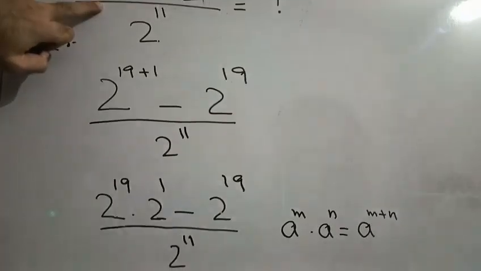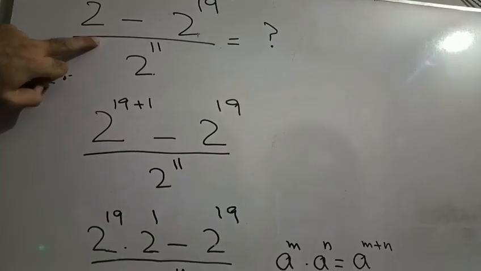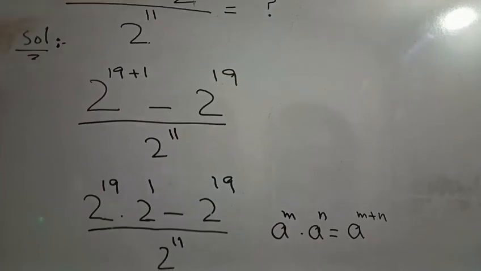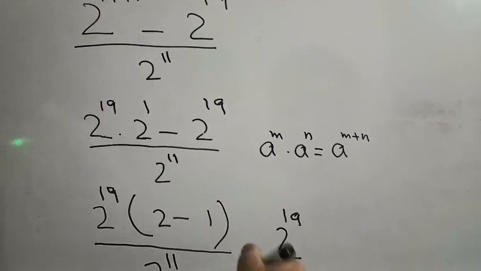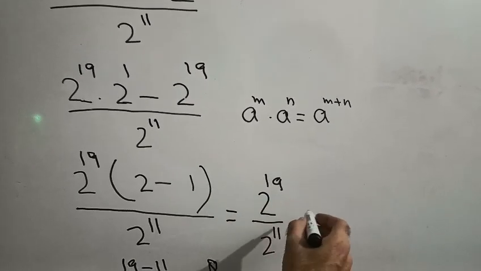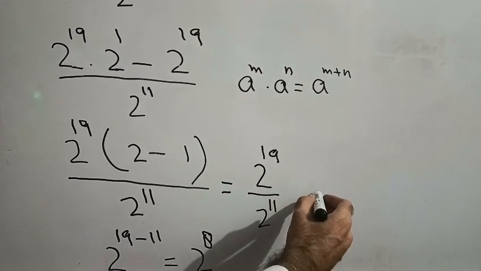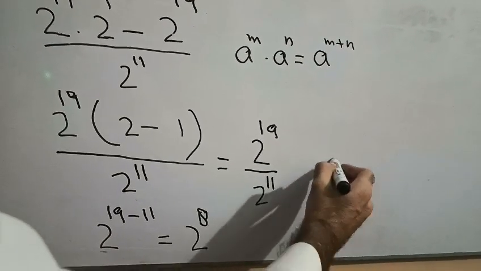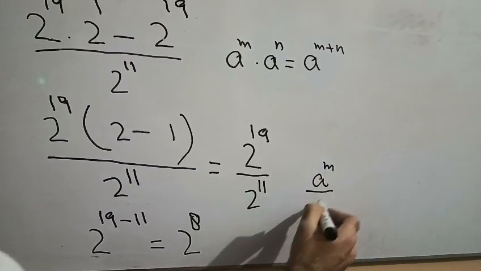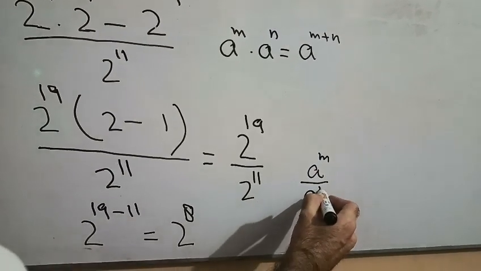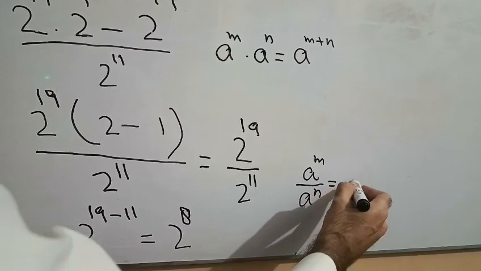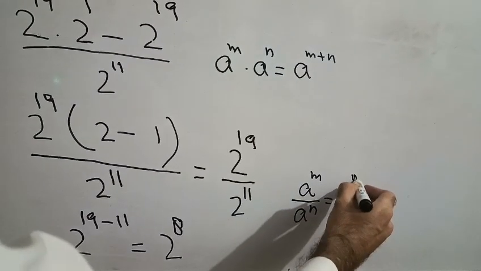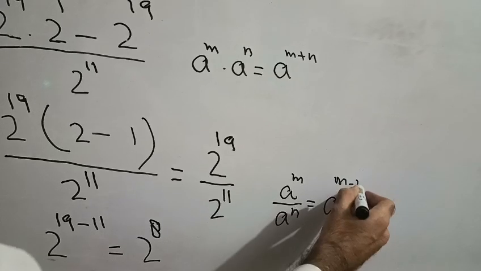And why do we take this 11 over here? Because of the rule of exponent: a power m divided by a power n is equal to a power m minus n.